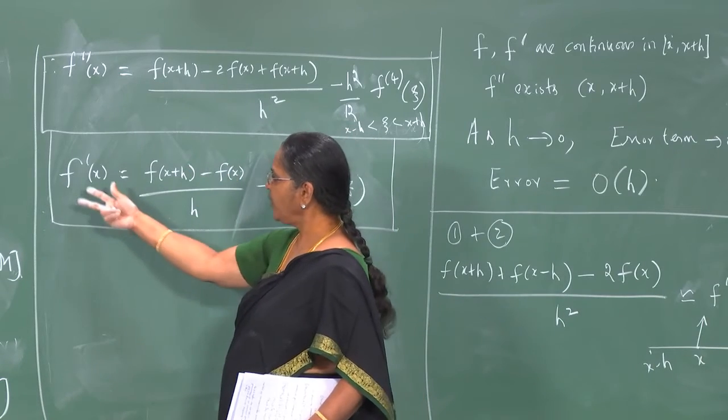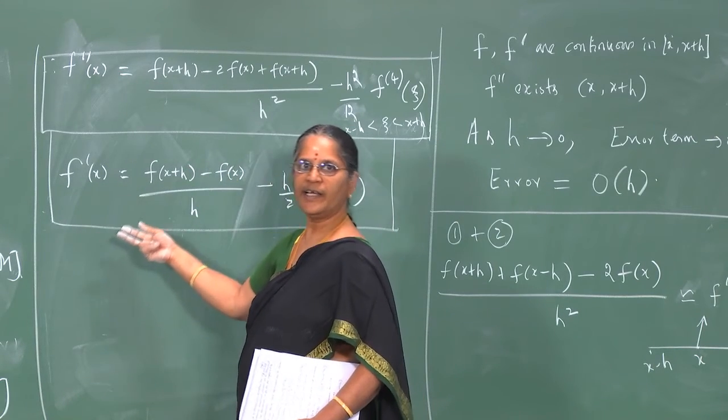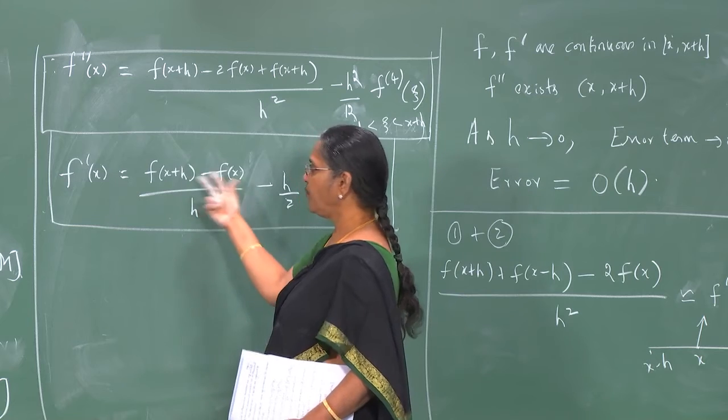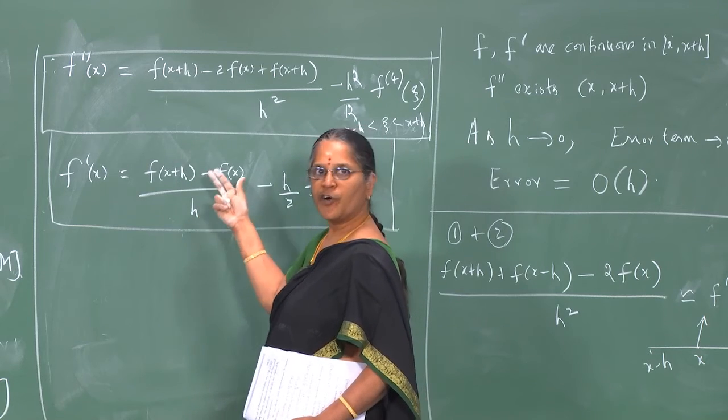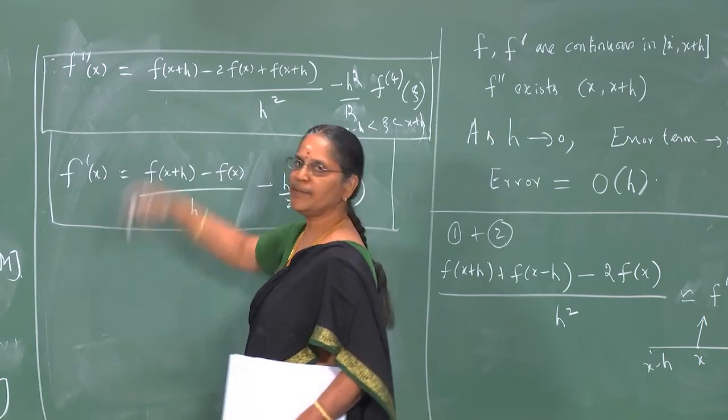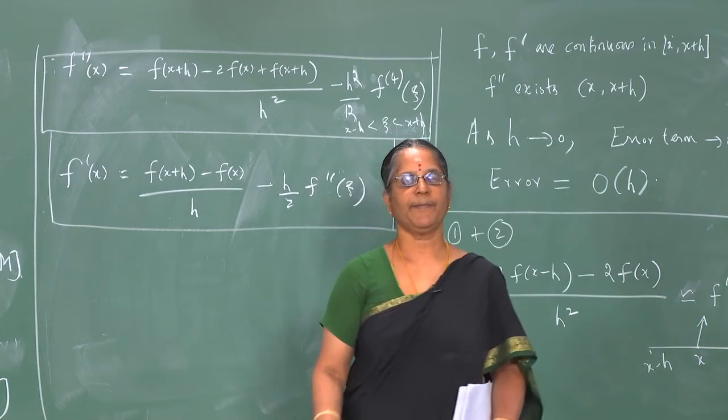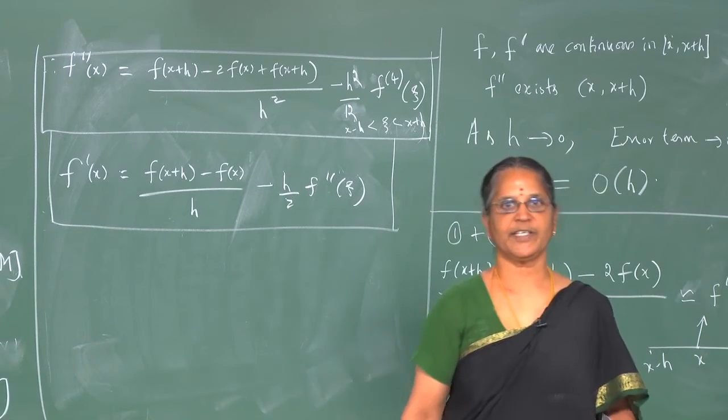And you can also obtain a numerical differentiation formula involving more number of points for estimating f prime x, and similarly for estimating f double prime x or higher order derivatives.